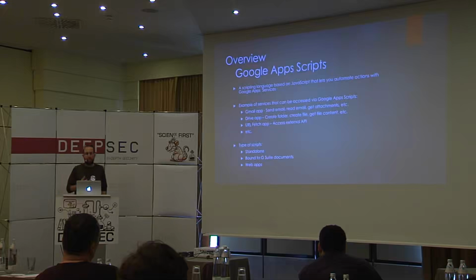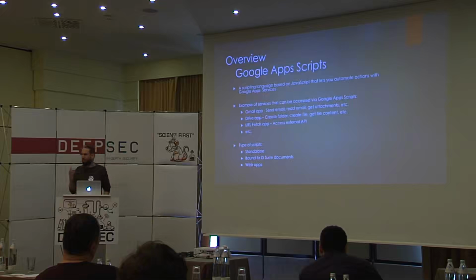The language that we write Google Apps Script in is JavaScript, but it doesn't mean that I can execute code within your browser. I can do that, but that's not necessarily the purpose of it. The purpose of it is to access, as I said, cloud services like the Gmail app, like the Drive app, performing URL fetching and stuff like that.